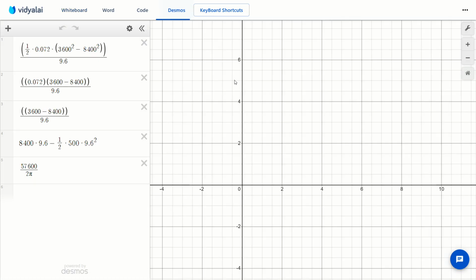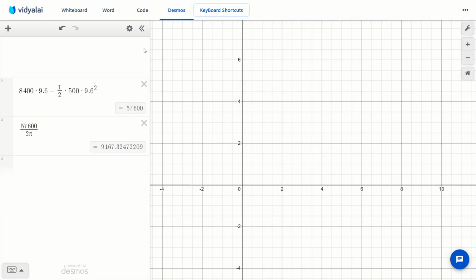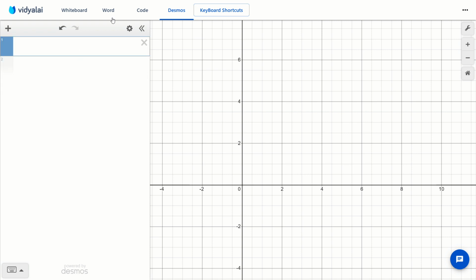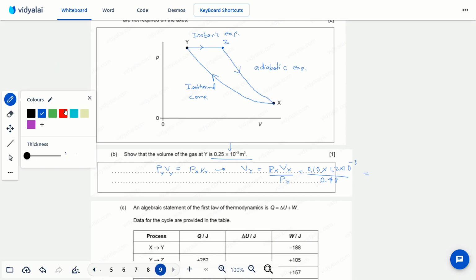Let's calculate this out. Let me clear all these previous calculations to make room for new. 0.10 times 1.2, multiply all that and divide that by 0.48. So it's 0.25.